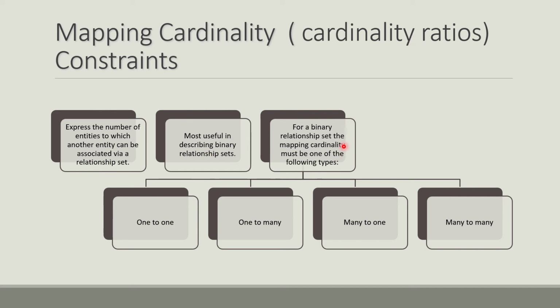In the case of a binary relationship, the mapping cardinality can be any one of the following four categories: one to one, one to many, many to one, and many to many. These are the four different types of cardinalities that can be expressed in the case of a binary relationship.